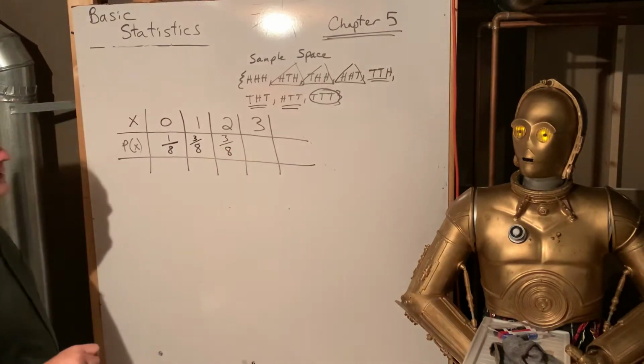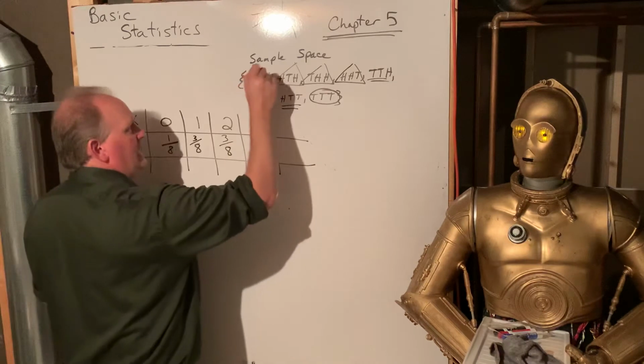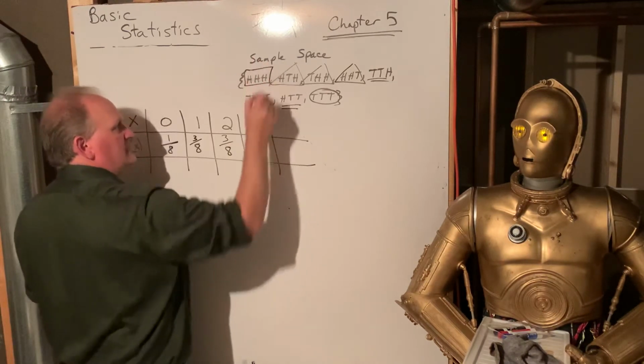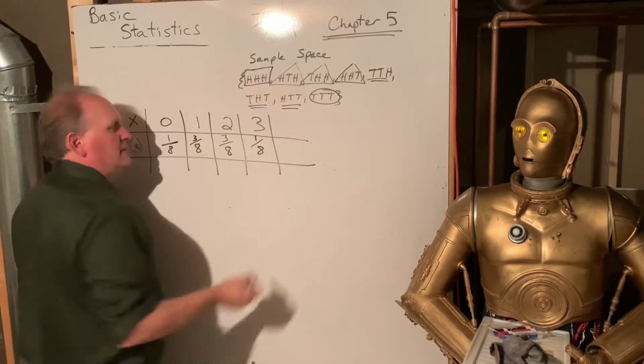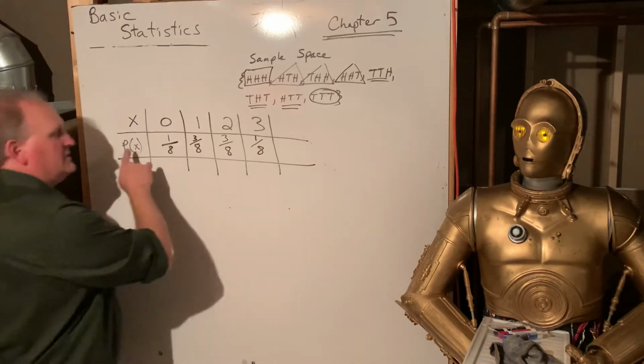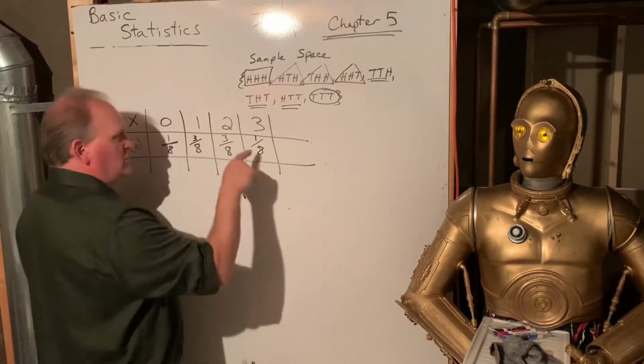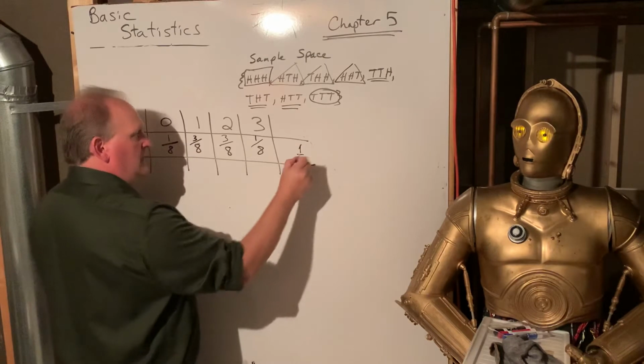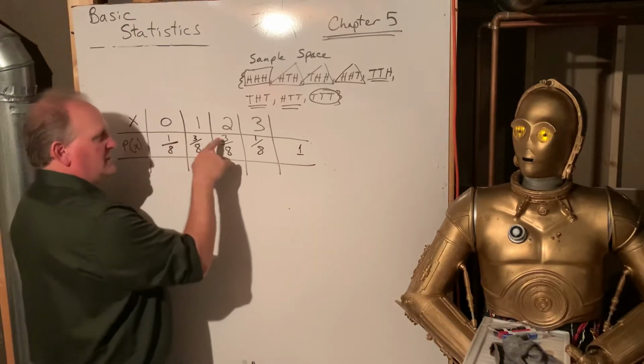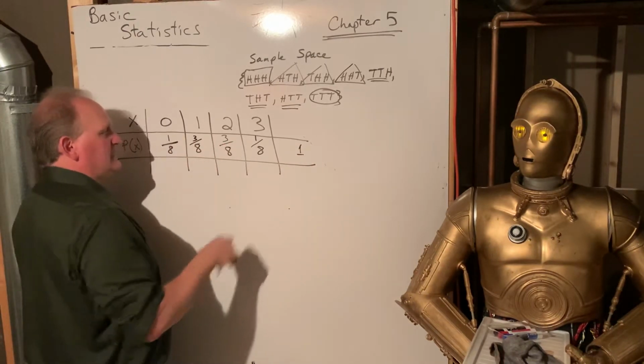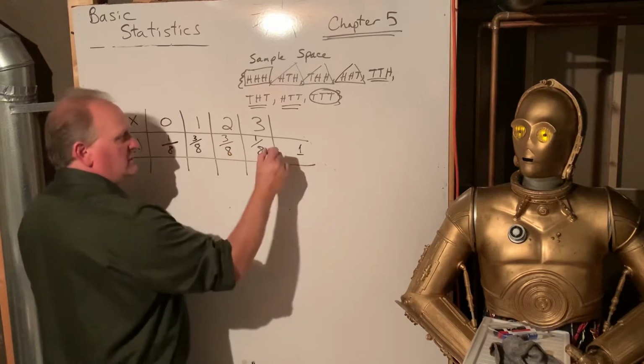And then all 3 heads, that only happens once. Heads, heads, heads, 1 out of 8. And so when we look at this, the probabilities of all of these should always add up to 1. So if I added 1 plus 3 plus 3 plus 1, that's 8 eighths, which is 1.